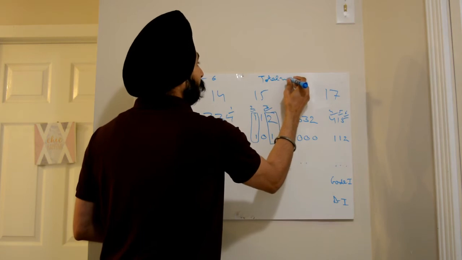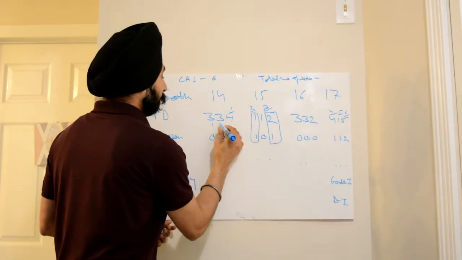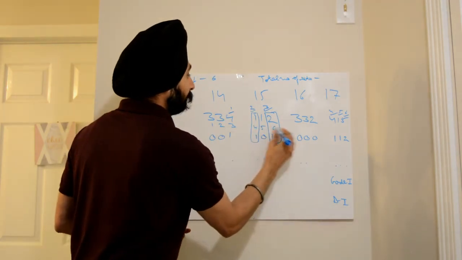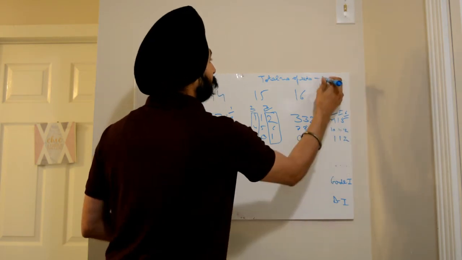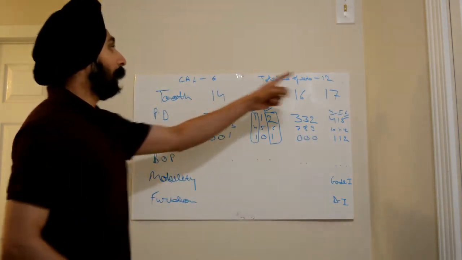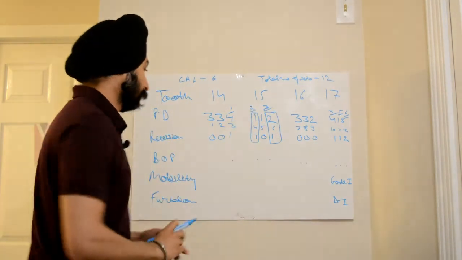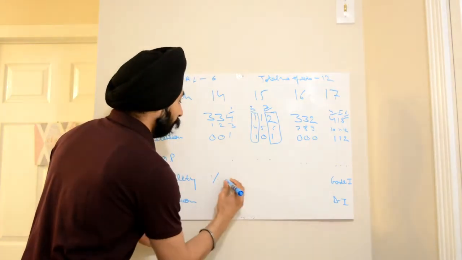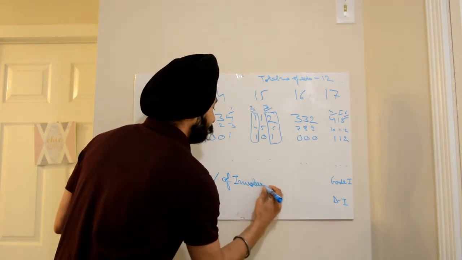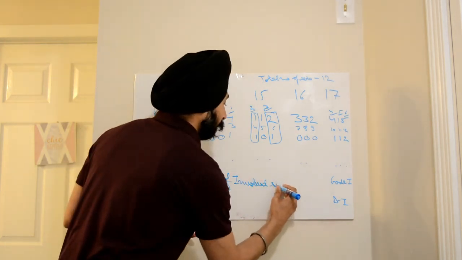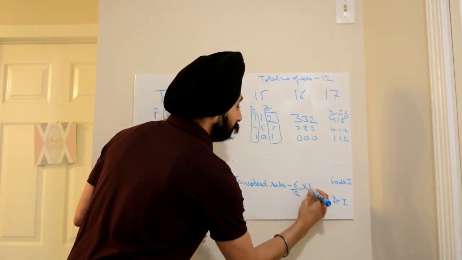Total number of sites, these are 1, 2, 3, 4, 5, 6, 7, 8, 9, 10, 11 and 12. So total number of 12 sites. Out of 12 sites, clinical attachment loss is present at 6 sites. So what is the percentage of involved sites? That is the percentage of sites that have clinical attachment loss. It is 6 divided by 12 into 100.